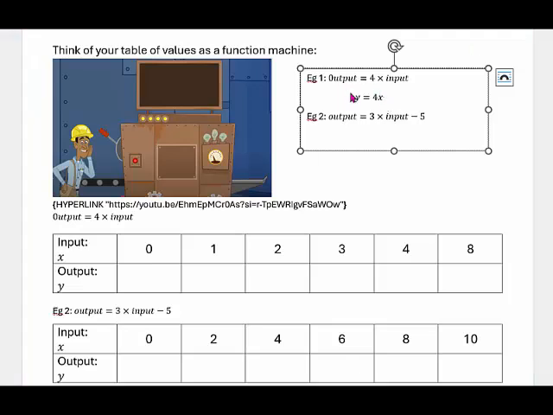In our previous video we were doing reassigned letters, so my output in this case is going to be my Y value and my input is X. Also from our previous video, I hope you remember that if a number is next to a pronumeral, it means they are multiplied. We'll do the same for this one. Y equals 3 times X, and in this case take 5.